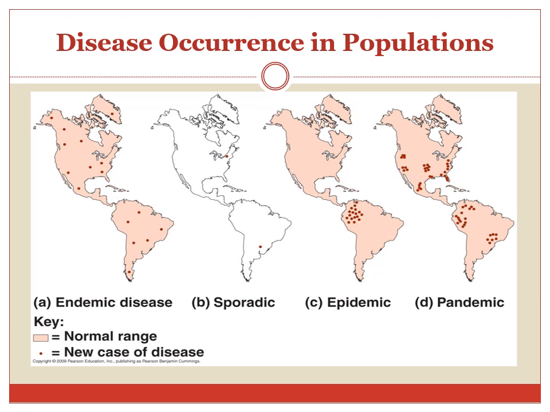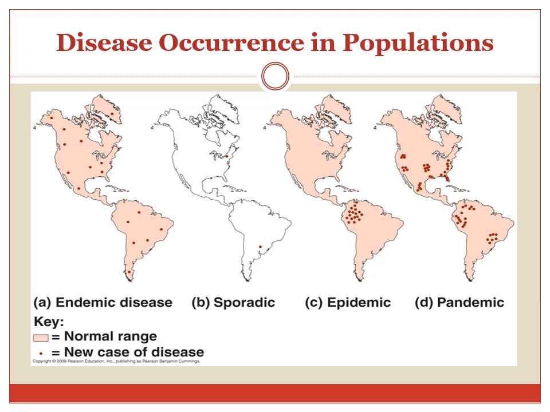So here is a graphic description. Here you can see this is what we call an endemic disease. There is always a baseline number of cases that are occurring. When you have sporadic, it means that there are no baseline cases, but sometimes you have here and there some cases occurring, and that's what we call sporadic.